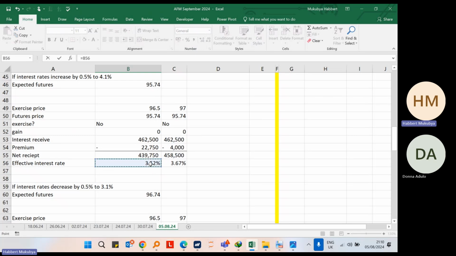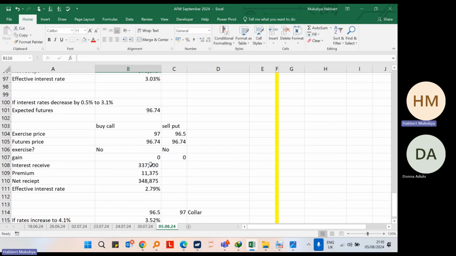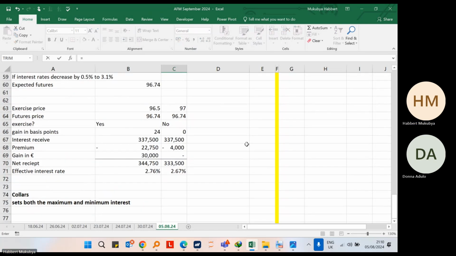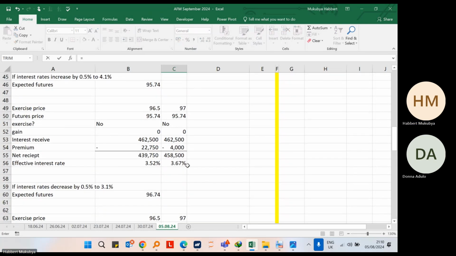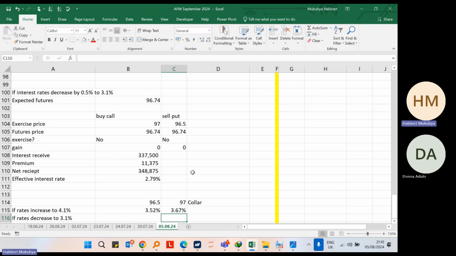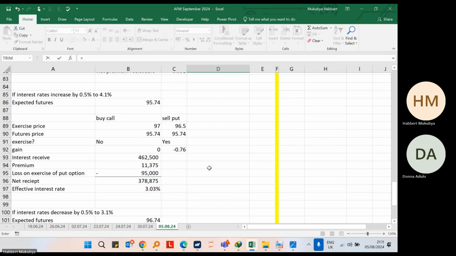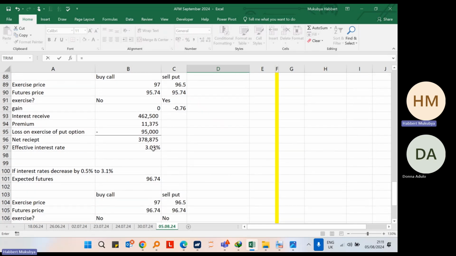was 3.52, the interest. The one of 97 was 3.67. And the collar, 3.03.